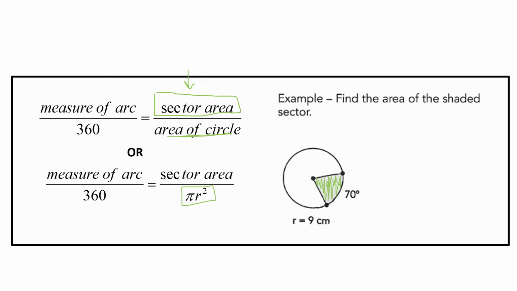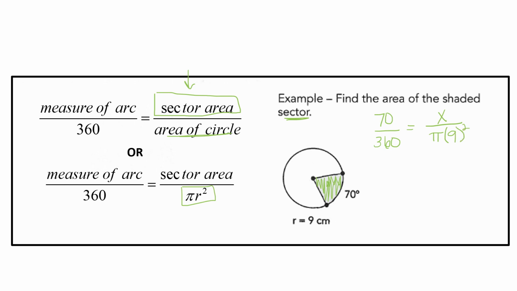So again, we want to find the area of the sector. So let's plug in for what we know. The measure of the arc is 70 degrees over the whole, which is 360, equals the sector area. Again, that's our unknown. That's what we're trying to find. So I'm going to plug it in x over pi r squared. And again, I know my r right off the bat, so I'm going to plug it in. Pi r squared.